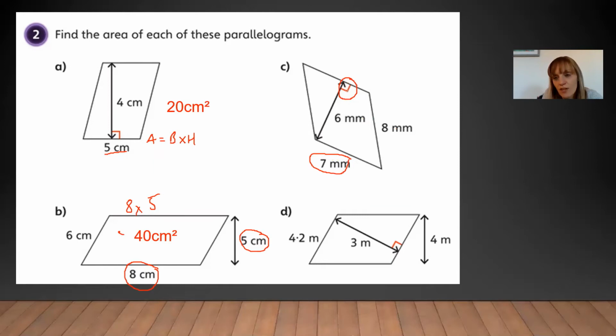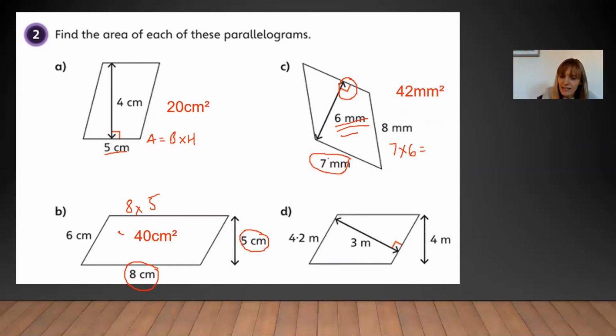It's meeting that with a 90-degree angle. So this must be our height. So for this one, we needed to do 7 and multiply it by 6 to find the area. So the key to this is to look out for those little 90-degree lines to see which one is meeting the baseline. For this one, you should have got an answer of 42 millimetres squared.